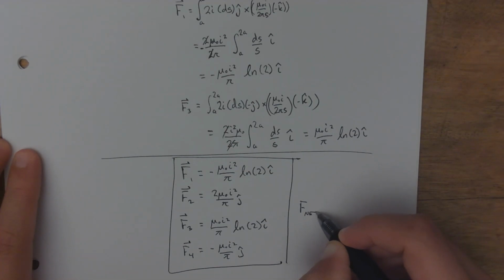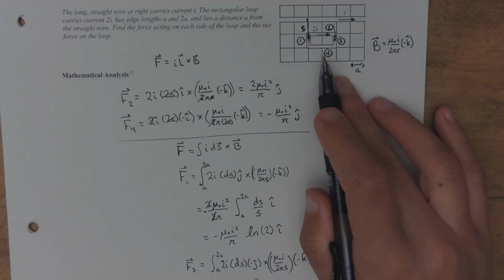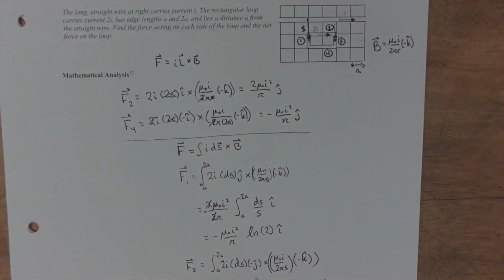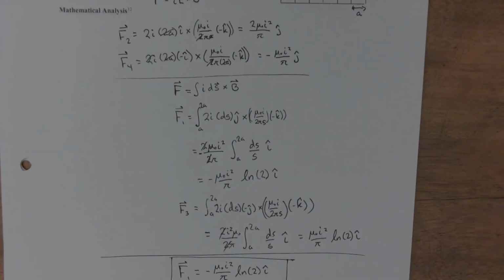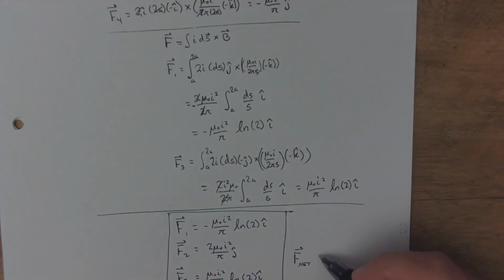So in this case, we have a closed loop, but the magnetic force is not 0 because the field is not uniform. For the net force on a closed loop to be 0, it would have to be in a uniform magnetic field. In this case, the field isn't uniform because it depends on how far away you are from this current carrying wire.